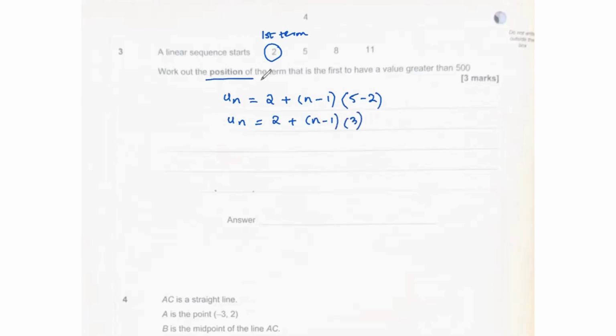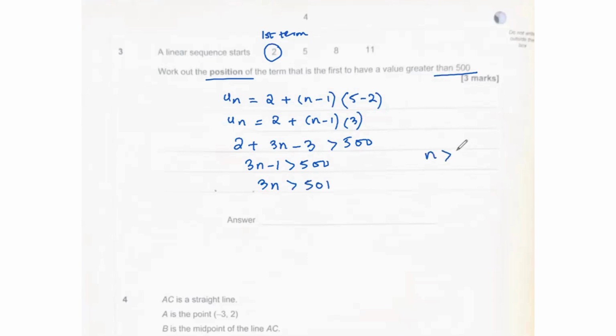We need to find the position of the term that is the first to have a value greater than 500. So 2 plus 3n minus 3 is greater than 500. So that's 3n minus 1 greater than 500, which is 3n greater than 501.